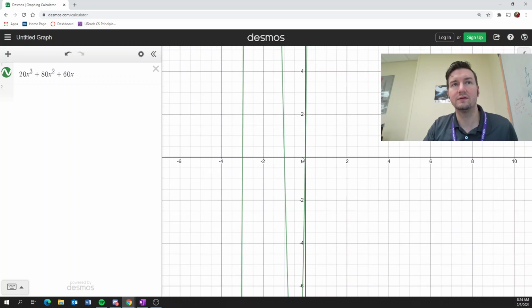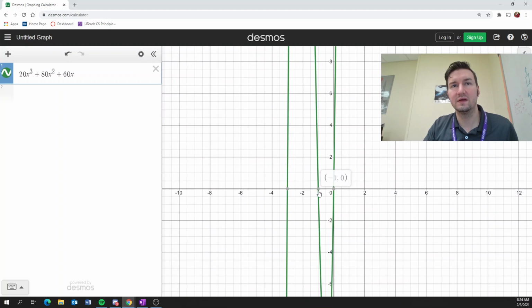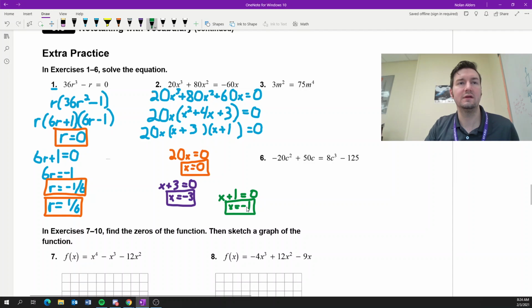If we zoom out, we can see that we get it to cross at negative 1, which was one of our solutions. Negative 3, so negative 3, negative 1, and 0. Let's check those again. Negative 3, negative 1, and 0. So you can see that these are correct.